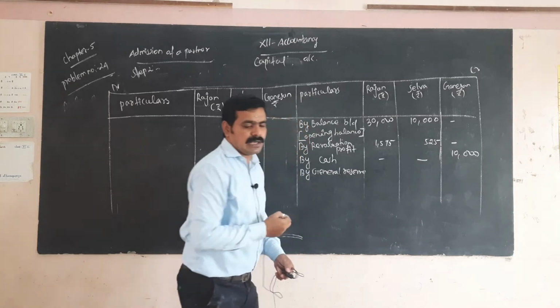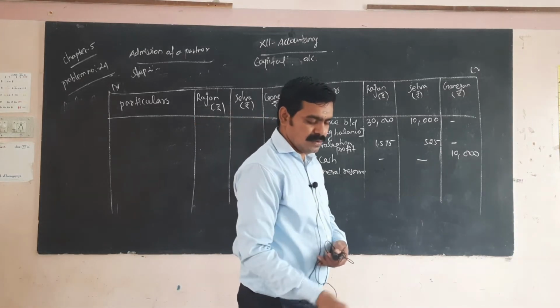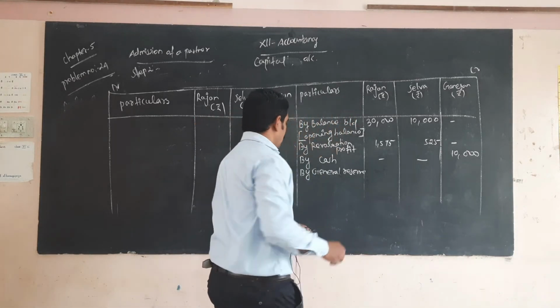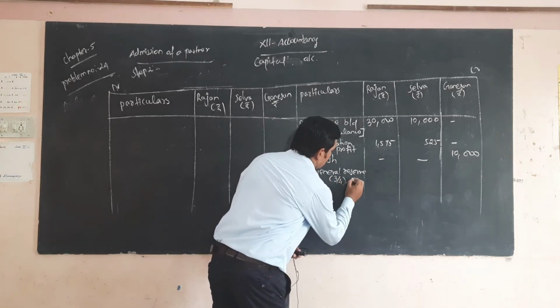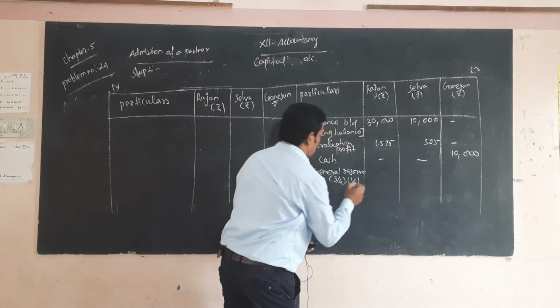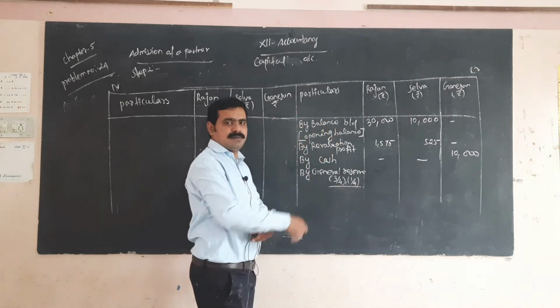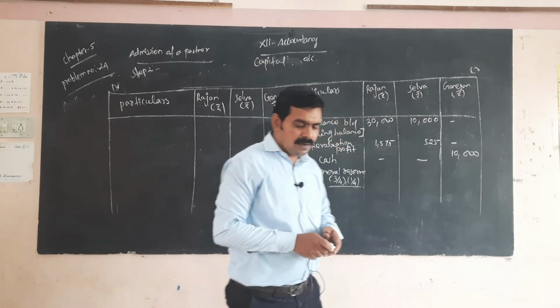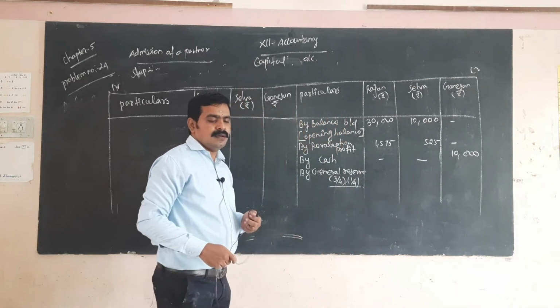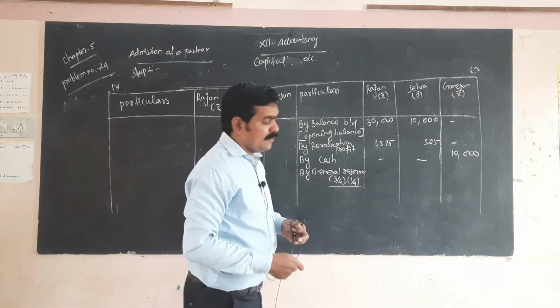General reserve we have to calculate on the basis of the ratio, 3/4 and 1/4. On the basis of this ratio, what is the total amount? General reserve is 4,000.